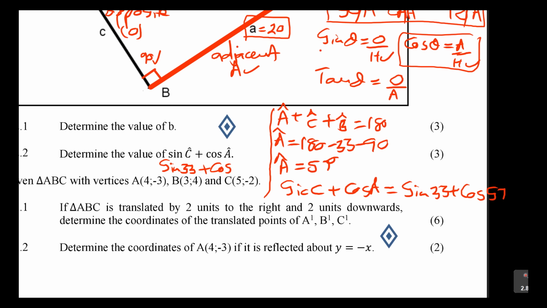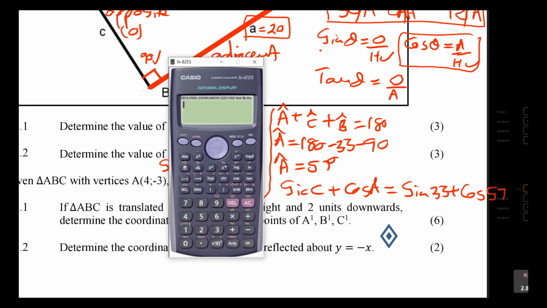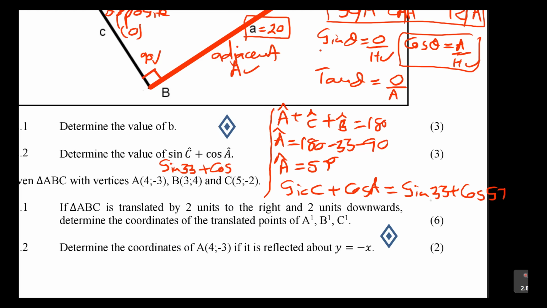Then you just take a calculator and punch that in: sine 33 plus cos 57 equals, to 3 decimal places. You can round off with Shift, Setup, 6, and then 3 decimal places, which gives 1.089. Guys, that's how you solve this part.